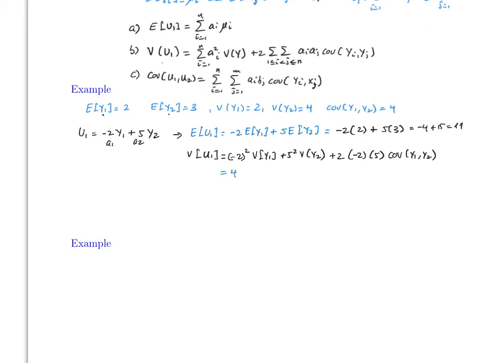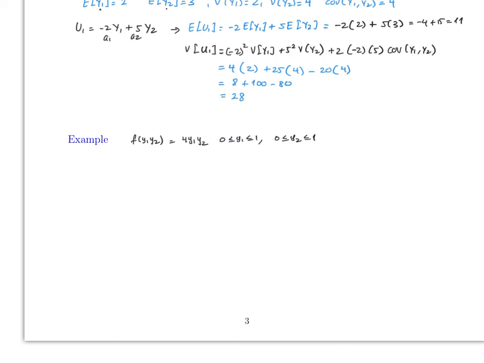So this will be equal to 4 times 2 plus 25 times 4, and then minus 4 times 5 is minus 20, times the covariance, which is 4. So this will be 8 plus 100 minus 80. So this is 20. Sorry, I mean 8 plus 100 is 108, minus 80, which is 28.